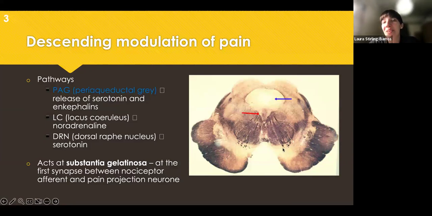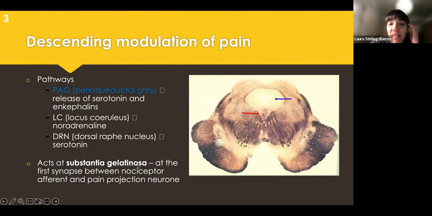I don't think they would make us look into the midbrain histology or anatomy, but just to remember, it's a bit lighter than the surrounding part of the specimen. And then the locus coeruleus has noradrenaline as the descending pathway, whereas the dorsal raphe nucleus releases serotonin.